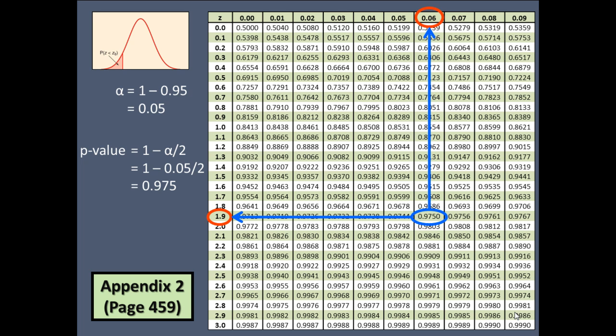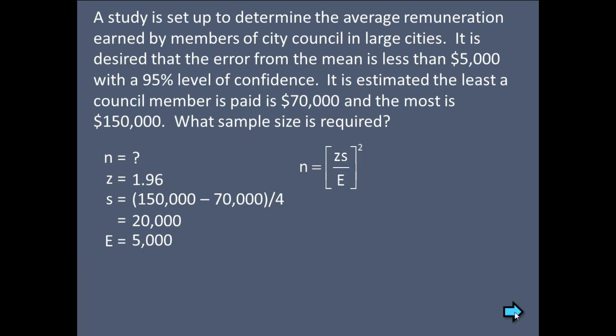So if we take that value back to the question, we now have everything we need in order to solve for n. Plugging everything into the formula and solving for n, we get that n is equal to 61.46 and all the other decimals that come from that. It doesn't matter what we're sampling, whether we're sampling people or cans or bolts or anything, you cannot sample a fraction of something.